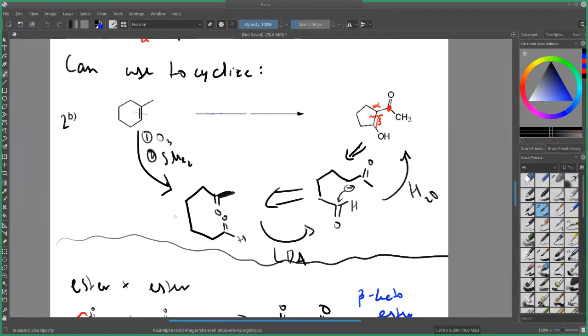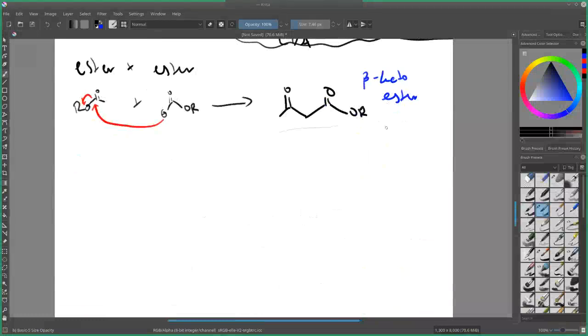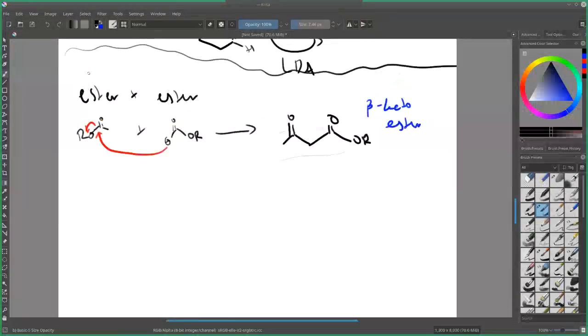Okay. So down here we're making a beta keto ester. And when we're doing that in particular, this reaction is called a Claisen condensation.